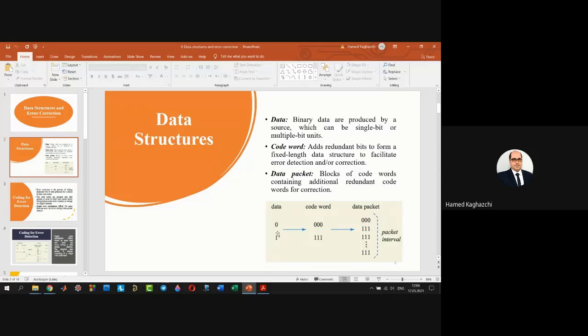Okay, what is a code word? In fact, for detecting and correcting the error of data, we need to add some redundant bits. We add redundant bits to our data. Look at here. This is our code word, a group of bits.